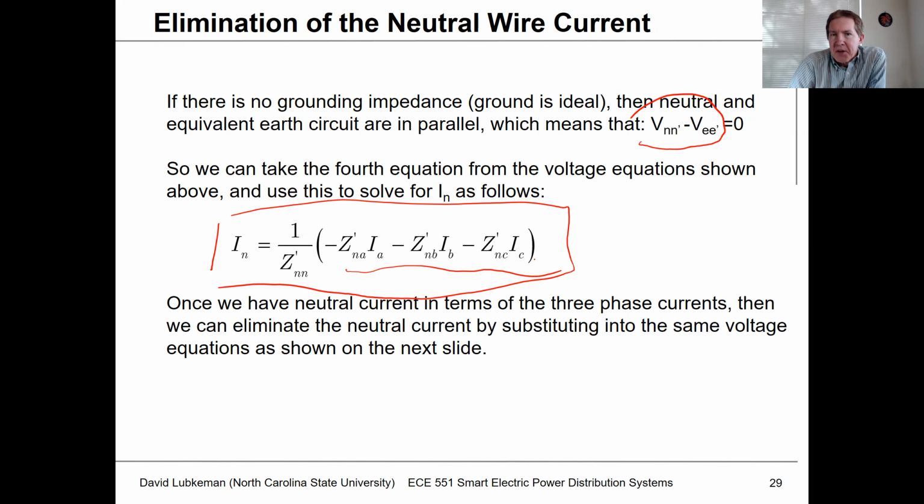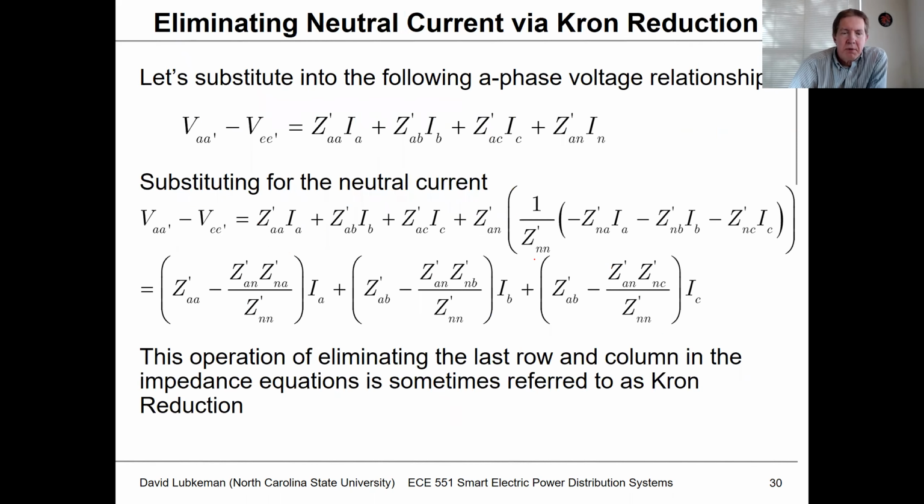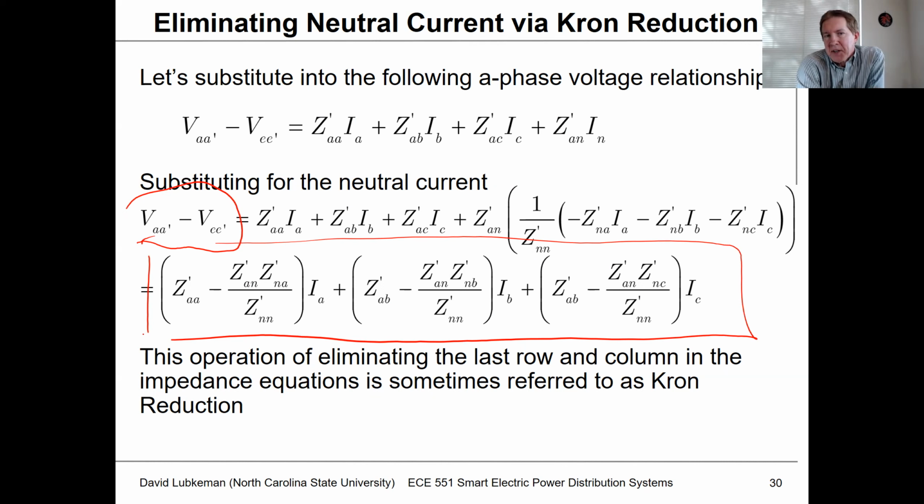Now, when you make that substitution, you're going to end up with an expression for this voltage drop that includes the drop due to the earth return. And this is going to be equal to this particular expression in terms of IA, IB, and IC.